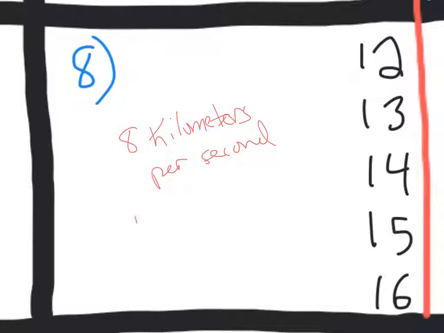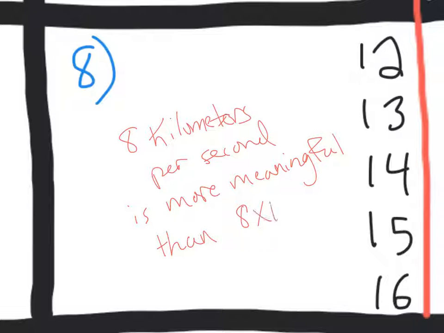It's more meaningful than talking about the spaceship going 8 times 10 to the 5th centimeters per second. Maybe if it was an ant, then we would talk about how many centimeters it could travel per second. But since it's a big space shuttle, we definitely want to use the bigger measurement.